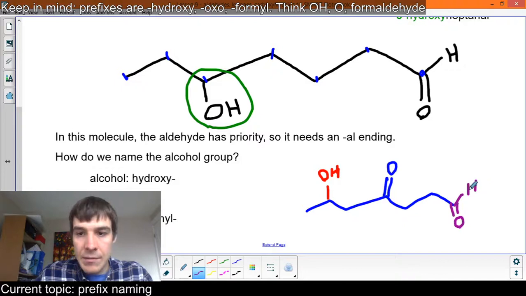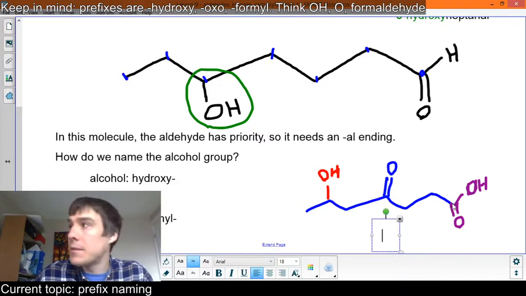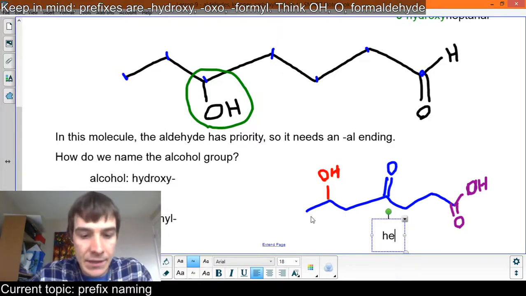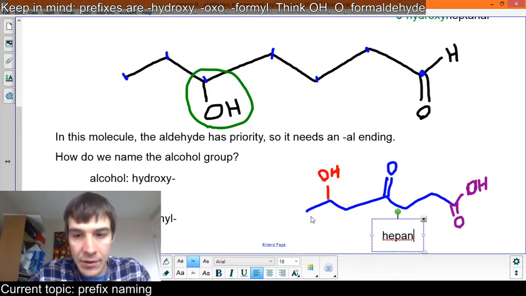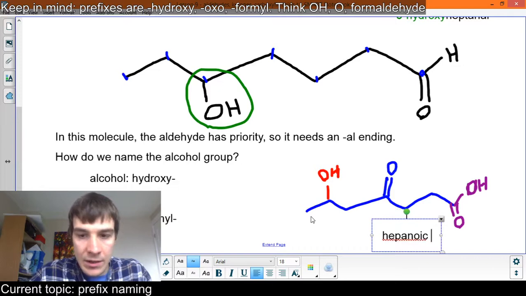So if we wanted to name a molecule, I want an O there, and then an H. If we want to name a molecule like that, it's clearly a carboxylic acid. And that's number 1 automatically because it's the carboxylic acid. It has to be number 1. 1, 2, 3, 4, 5, 6, 7 again. So it's a heptane, and for the ane, heptanoic acid.